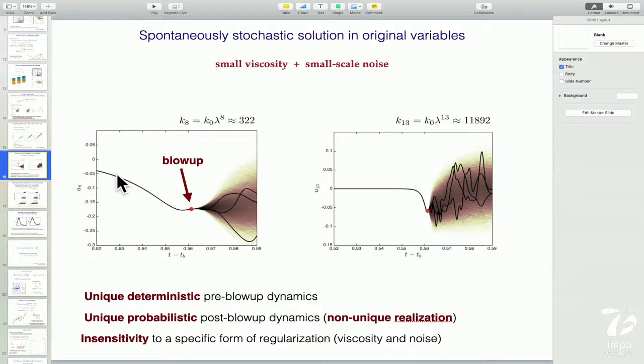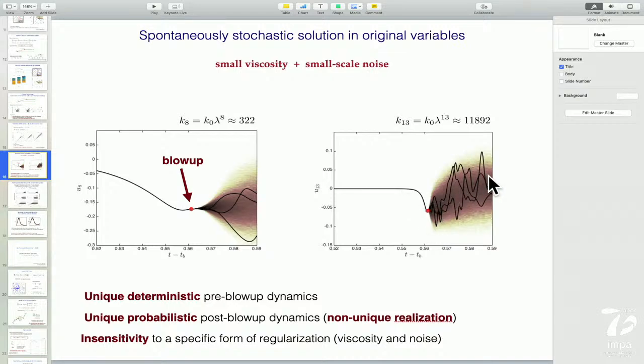Before the blow up, it's unique. After blow up, we have three different realizations. If you make 100,000 of them, you can see that they form a certain probability distribution. This color shows the probability to see different values at a given time. This is for U8, and this is U13.